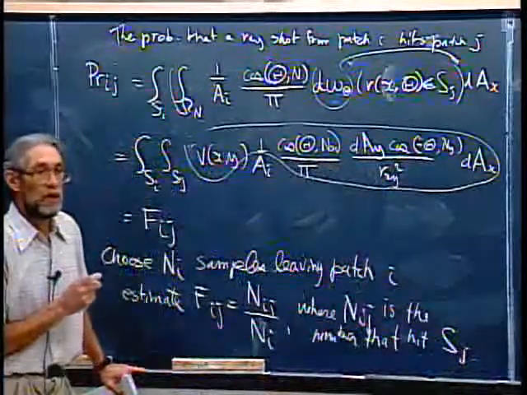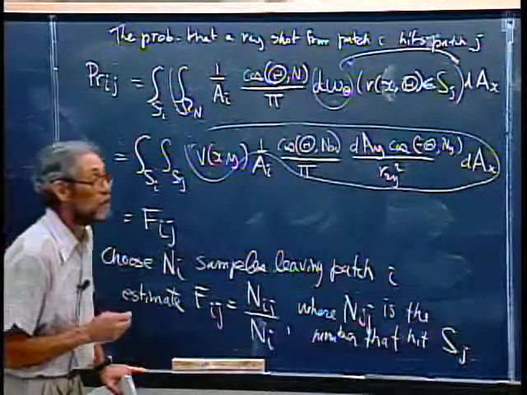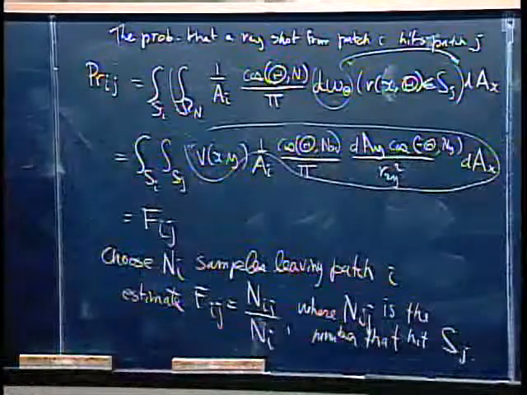So this is particularly good for the progressive radiosity scheme because we can use it for any given shooting patch.